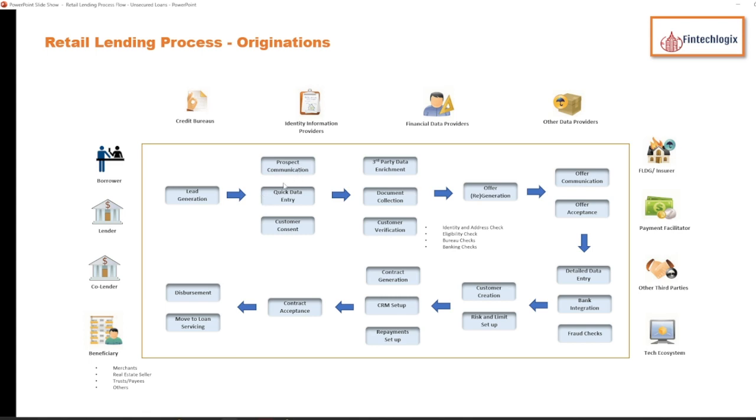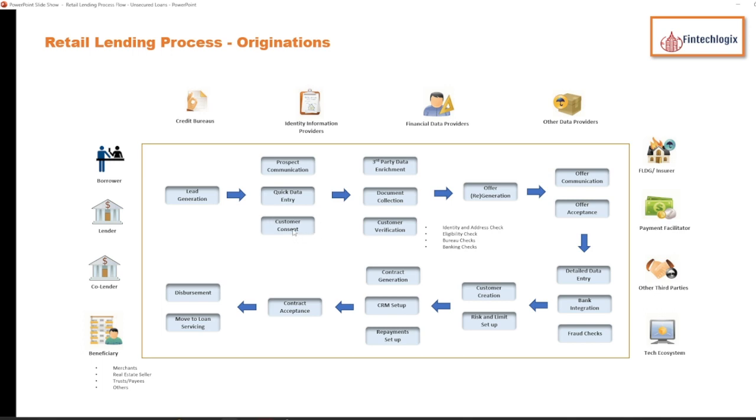As we get additional information, we do a quick data entry, just some specific details about their socioeconomic information or product need, etc. And then we would ask for any kind of customer consent so that we can proceed with the further processing, right?